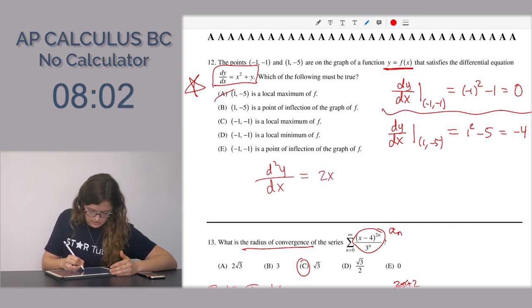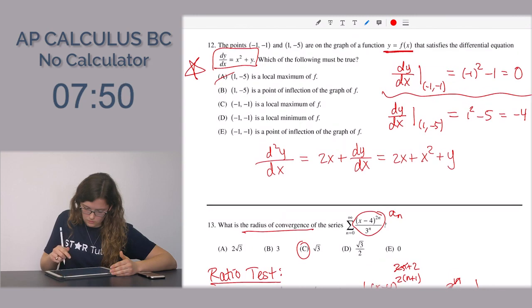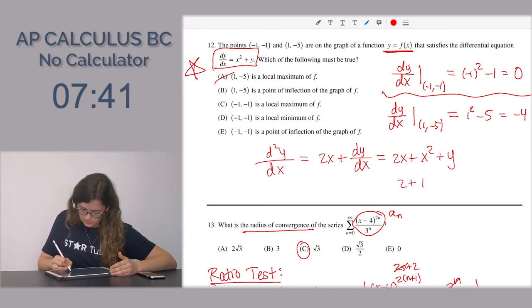I'm going to get 2x plus dy/dx. But I know dy/dx is x squared plus y. So this is 2x plus x squared plus y. If I plug in 1, -5, what do I get?